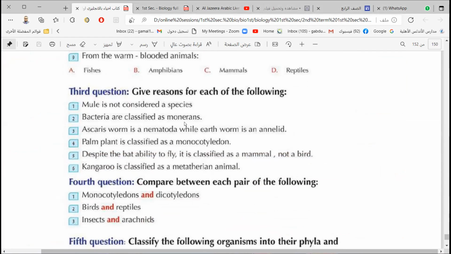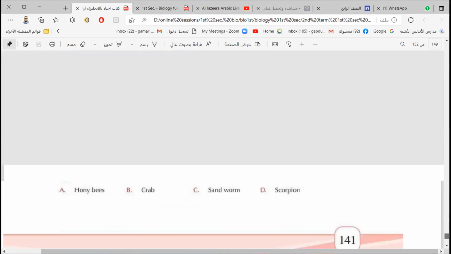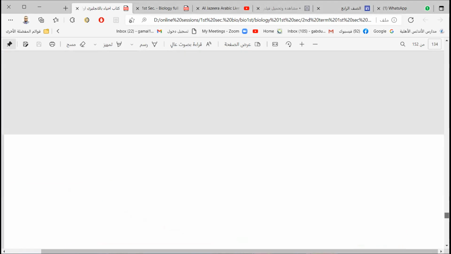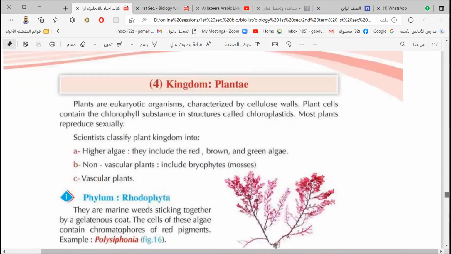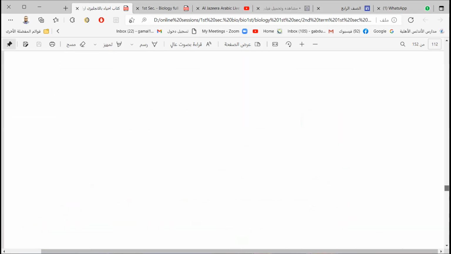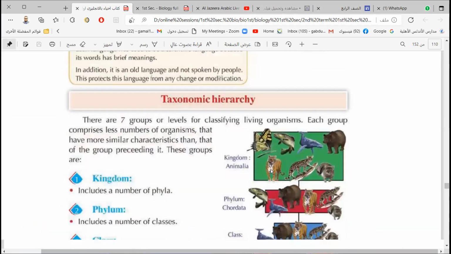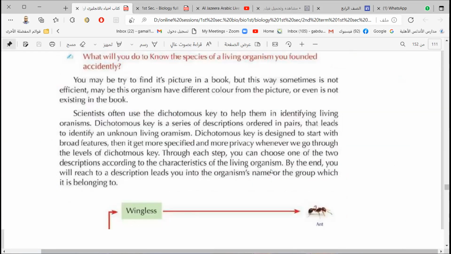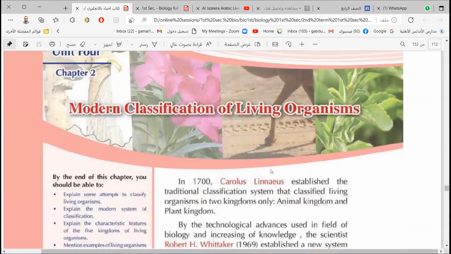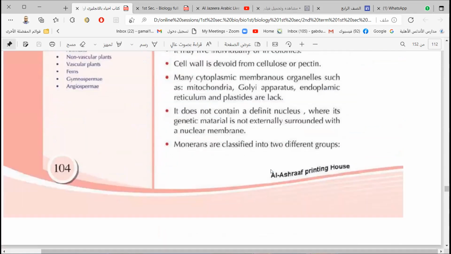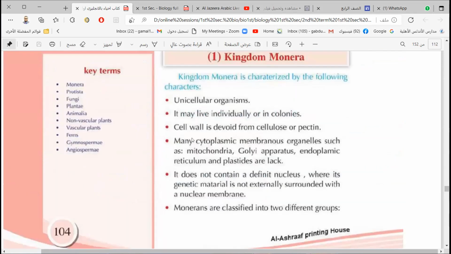Can you tell me what are the important characteristics of kingdom Monera? What do we say about Monera? Unicellular. Yeah, unicellular organisms. Very good. What else? Have a real nucleus or prokaryotes? Prokaryotes.